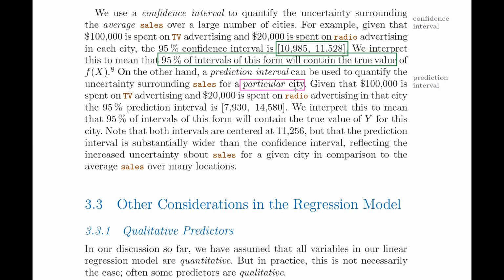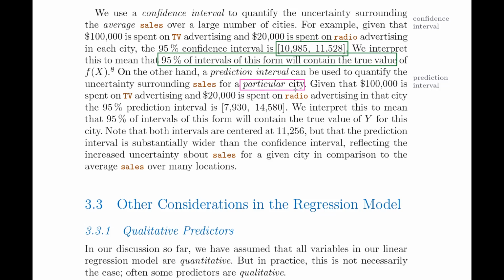Given that 100,000 is spent on TV advertising and $20,000 on radio advertising, the 95% interval is a lot wider this time, and the error term is driving this increase in width. We interpret this to mean that 95% of intervals of this form will contain the true value of y for this city.